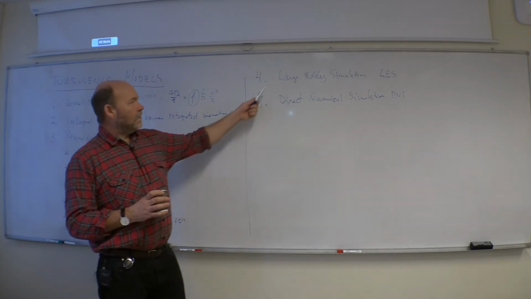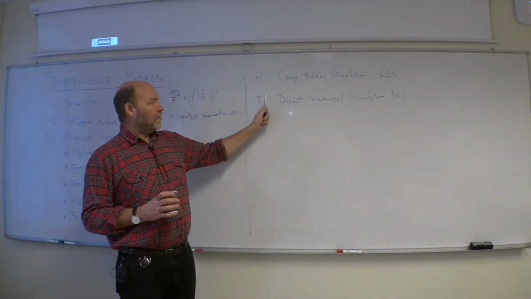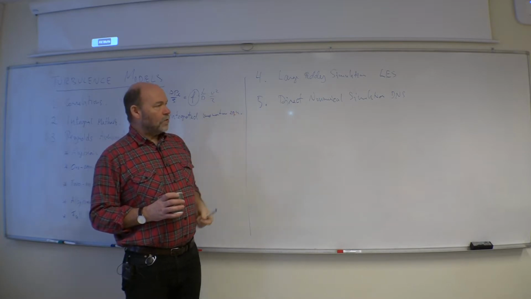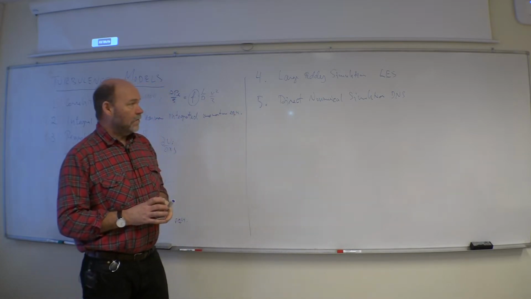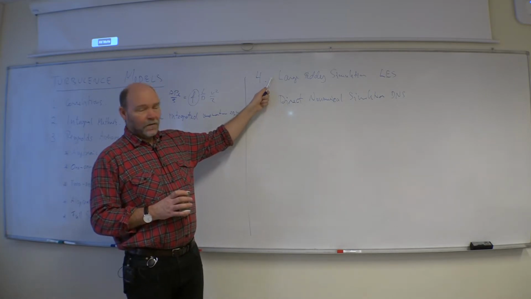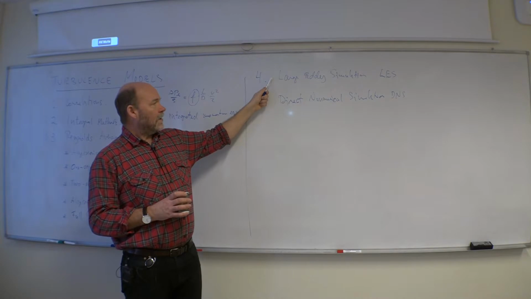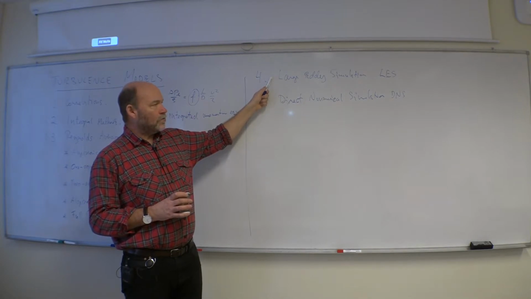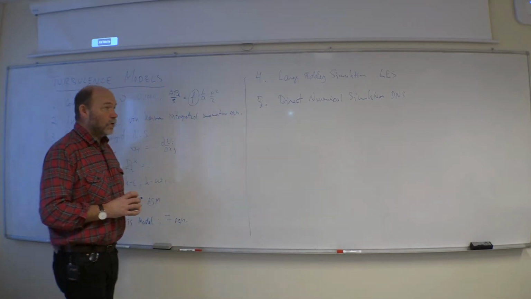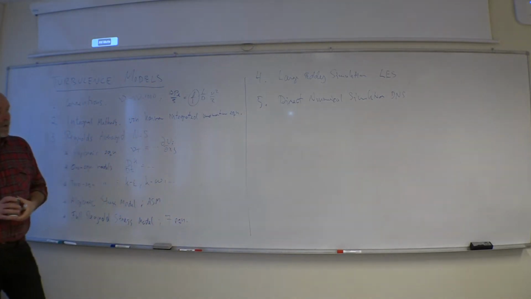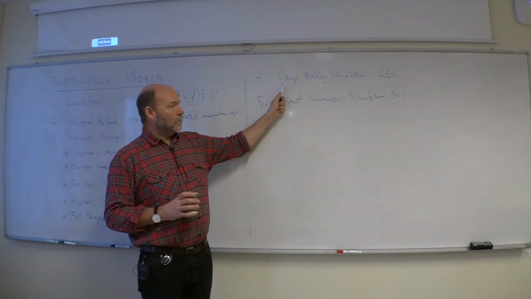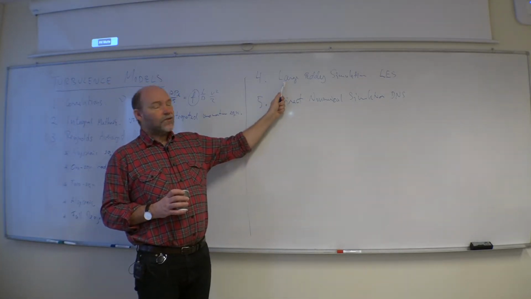With a large eddy simulation, you admit that you can't really resolve everything. The smallest turbulent scale is very, very small. So here we say we cheat. We have a cell system, a mesh that is too big. So you should have some activity inside your computational mesh that you're not capable of describing. Then you use a very simple turbulence model to describe the turbulent activity inside your mesh.